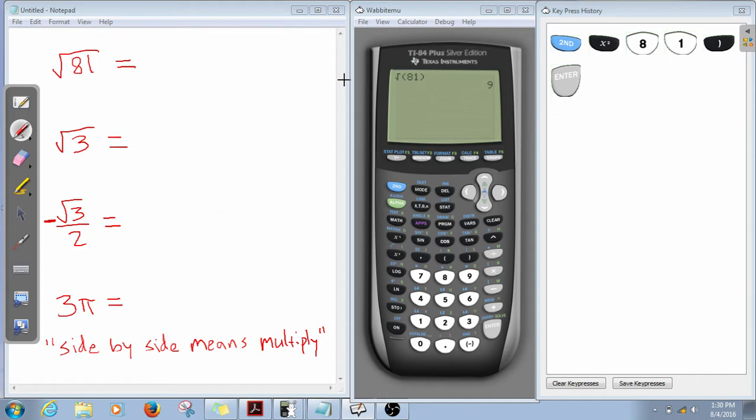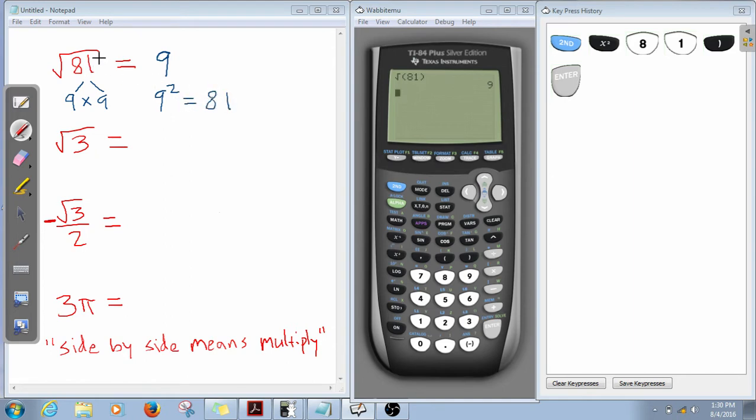So if you're wondering what exactly is a square root, well, it tells me the number that I can multiply times itself to get 81. I know that 9 times 9 gives me 81. So the square root of 81 equals 9, the same way that 9 squared equals 81.